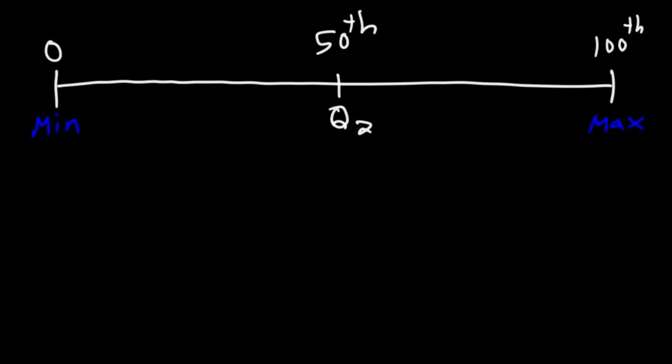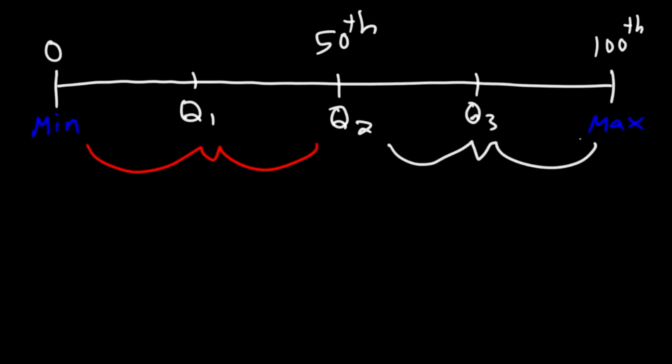Now, Q1 is going to be the median of the lower half of the data. And Q3 is the median of the upper half of the data. And so that's how you could find the 3 quartiles. The interquartile range represents the middle 50% of the data.